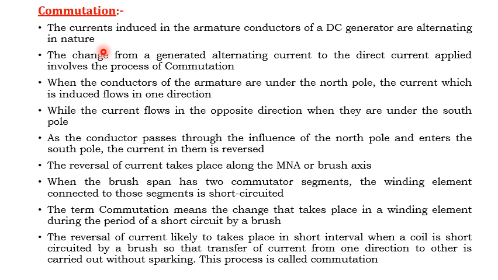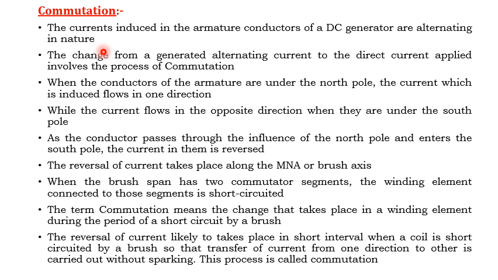So in a DC generator, a commutator is used to change this alternating current into direct current. This you already know.